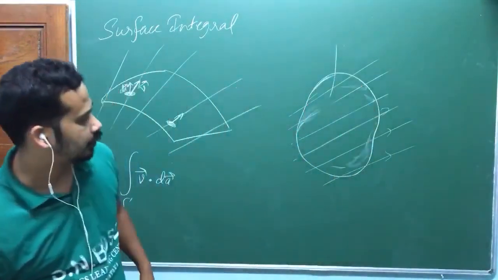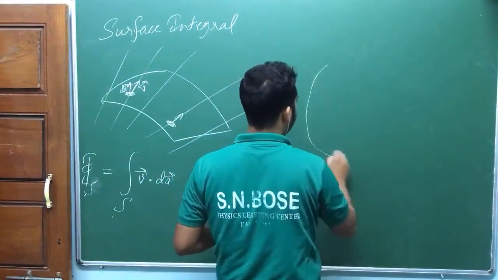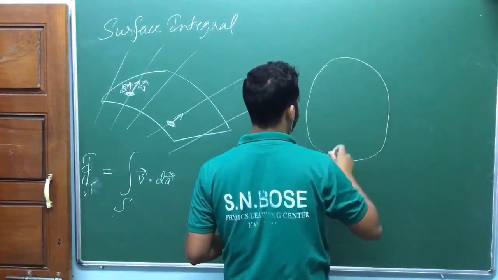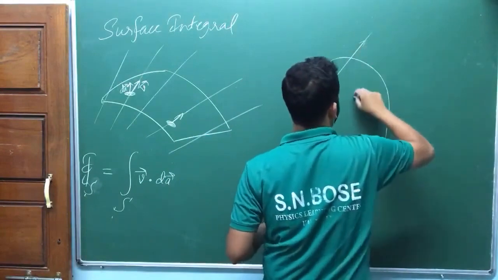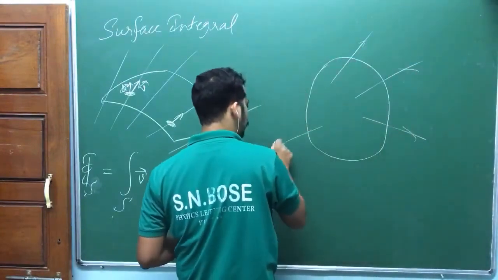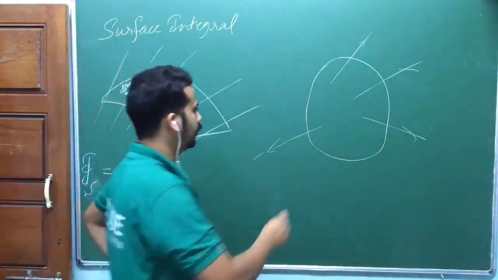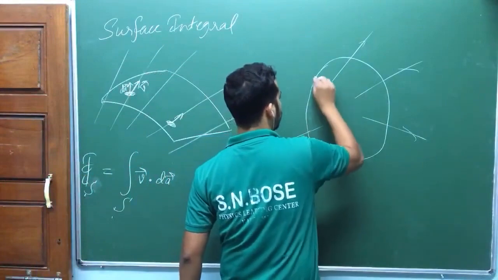I should not have taken a constant vector field, isn't it? I have a closed surface and I have a vector field. You may have a net outward flux, or you may not. That doesn't matter. But this is a closed surface.